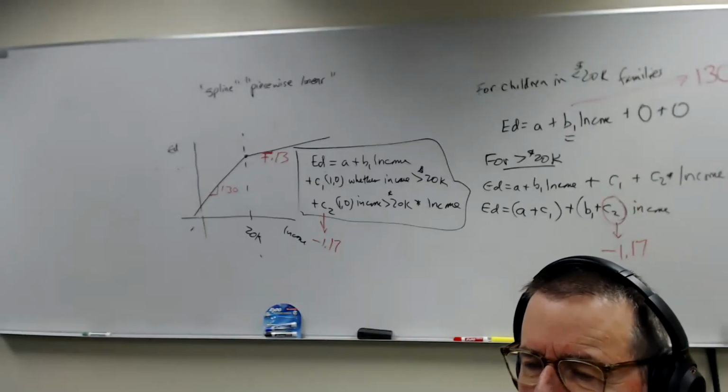Okay. So we separate our data into two different parts, like below 20K income and above 20K income, right? That's effectively what we did. Yeah. So if we do a linear regression one time for the below part, the first part, and just do another one for the second part.